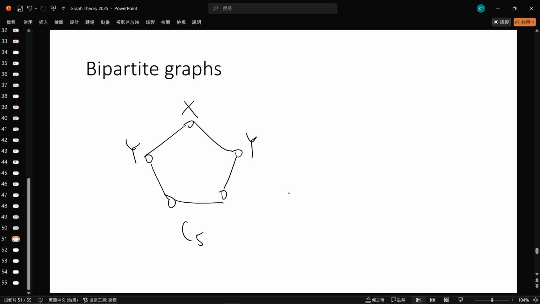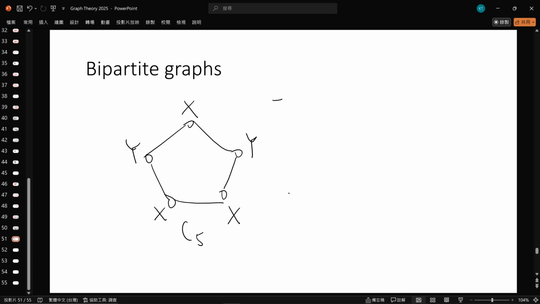So this one must be in X. Similarly, this vertex, which is a neighbor of some vertex in Y, must be in X, okay? But then you can see that there's a contradiction, because here we have an edge within X, okay? So actually, we cannot have C3, we cannot have C5, and I think it's easy to see that we cannot have C7, C9 in a bipartite graph, okay?